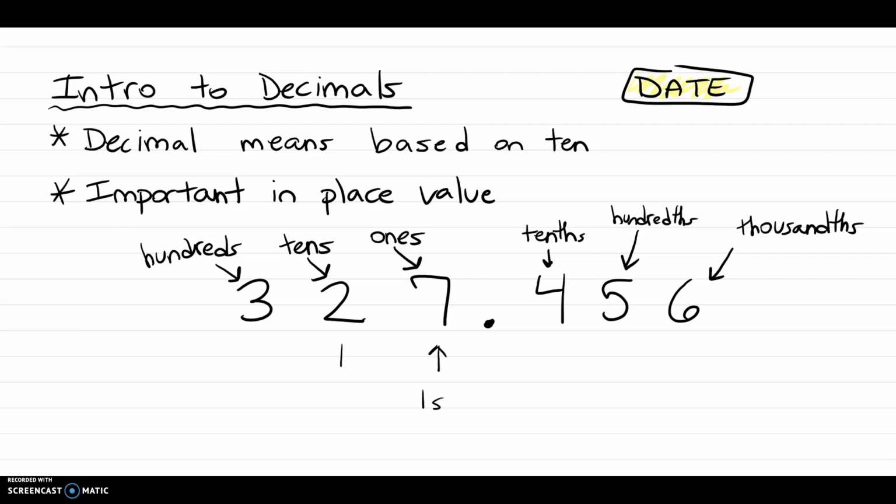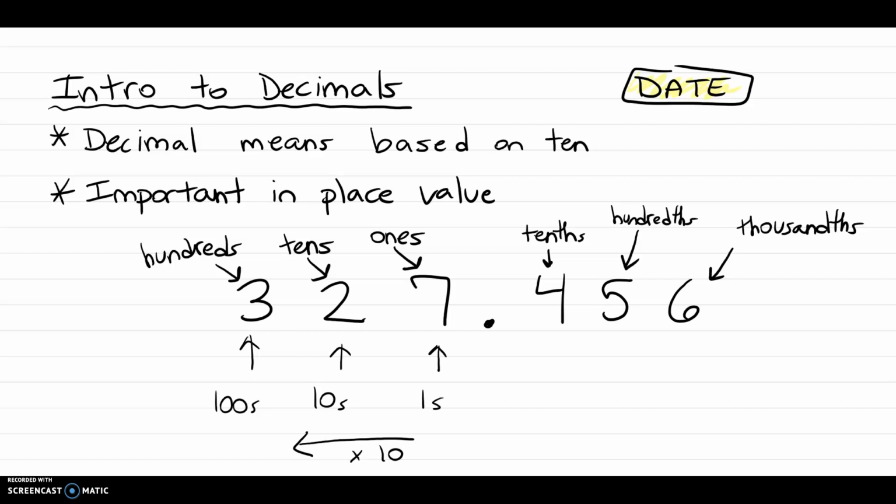In the 2 spot, these are the tens. And in the 3 spot, this is the hundreds. So as you go to the left, your place value is increasing by multiplying by 10. 1 times 10 is 10, 10 times 10 is 100, 100 times 10 is 1,000, and so forth.